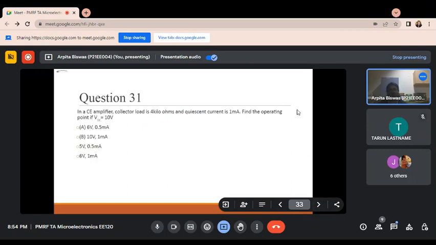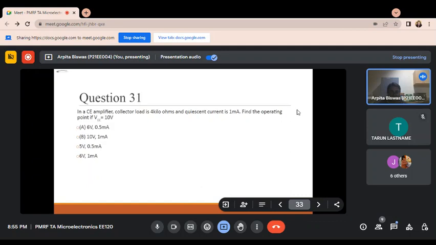So this is a small numerical: in a common emitter amplifier, collector load is 4 kilo ohms and the quiescent current is 1 milliamp. It means the current flowing through this load is 1 milliamp. So find out the operating point if the VCC is 10 volt. Listen carefully.